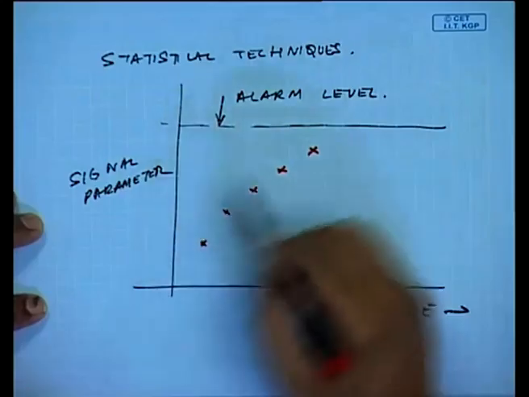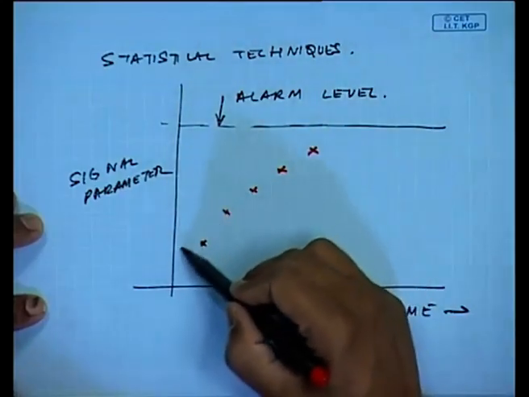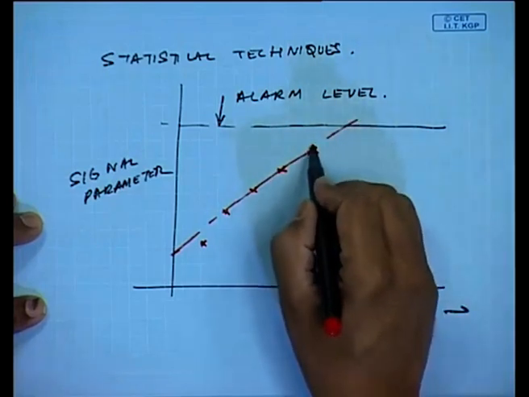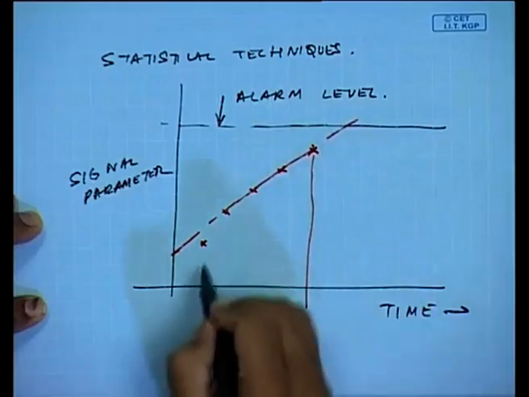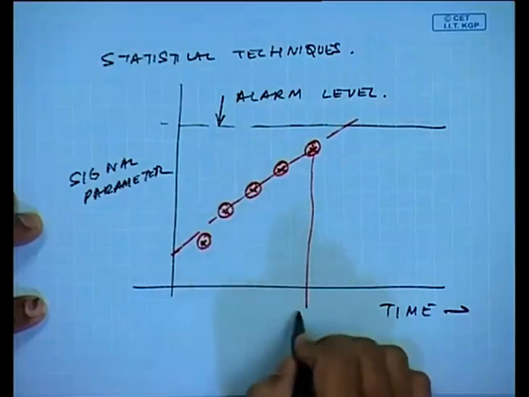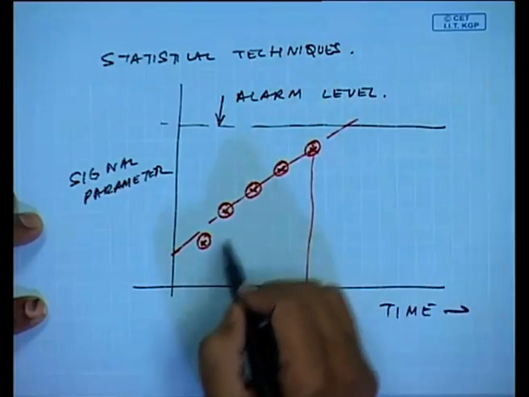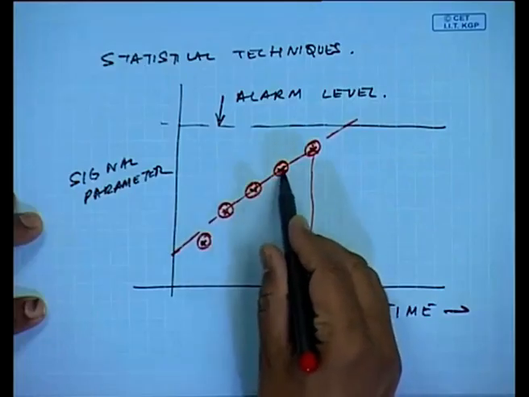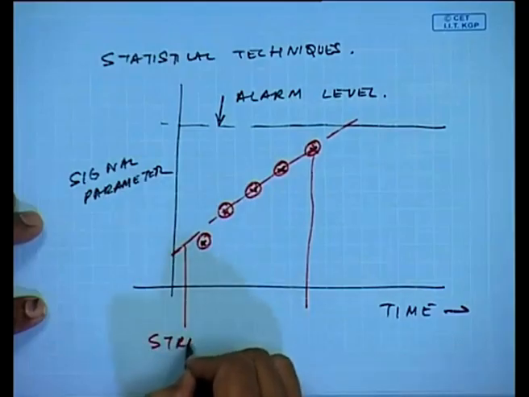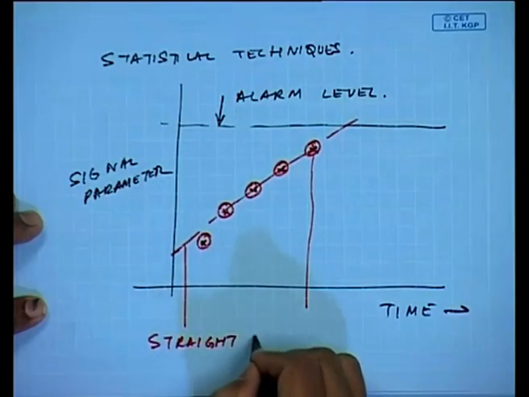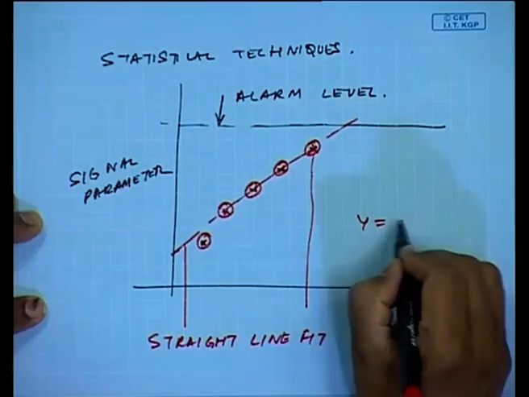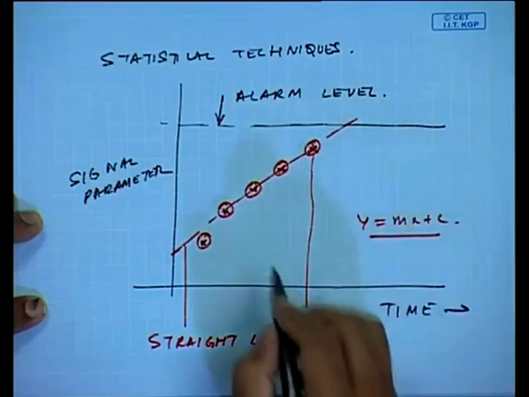So statistically what I could do is a simple regression analysis, and suppose my measurement has been done only at these points. Okay. Looking at the past data and taking the present data, I could do a straight line fit, where y equals mx plus c is the equation to this curve here.